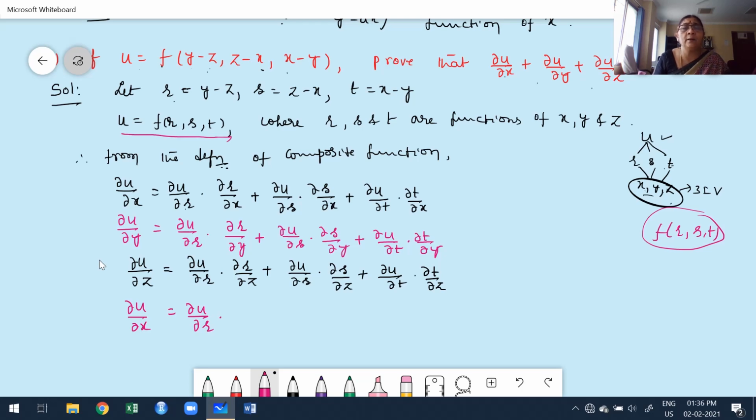Just they mention U is a function of R, S, T. But what is R? R is Y minus Z. What is ∂R/∂Z? With respect to Z, only Z varies. The remaining variables are constant. Therefore, Y gives 0. The derivative of Z with respect to Z is 1. We get minus 1. This is simple. Therefore, I'm going to write it directly.